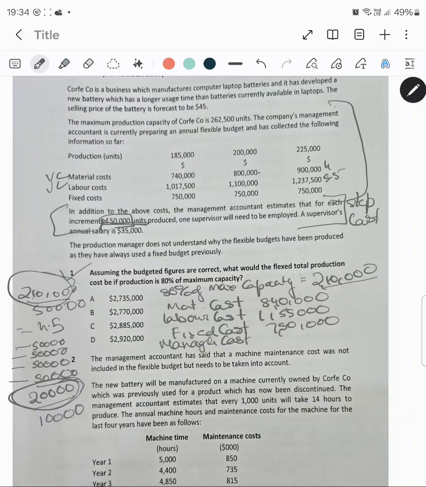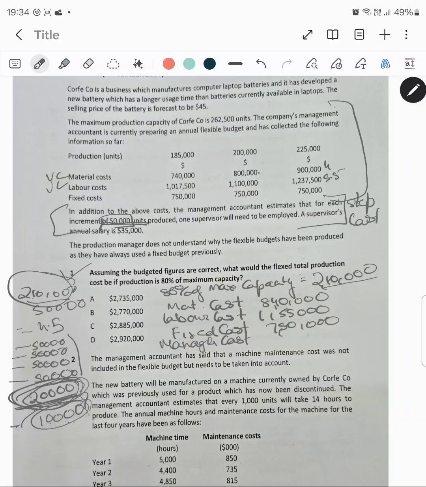10,000 additional I require. So what about this 10,000? Will the supervisor be ignored? No. As soon as I reach the next level, a supervisor would be required. Had my production stopped at 2 lakh, then only 4 supervisors would have been required. But now an additional 10,000 have also been produced.